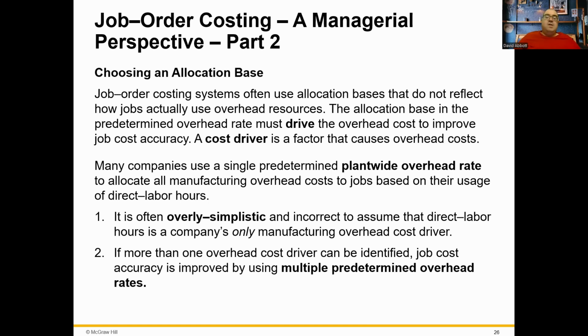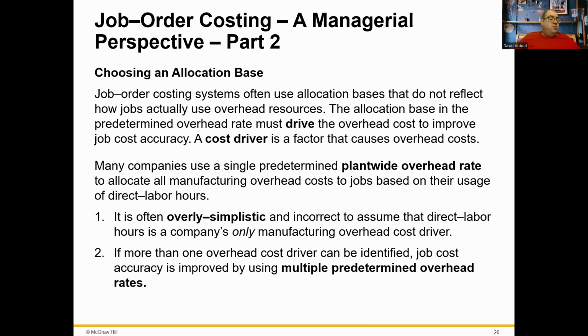If it is a labor intensive type of production, you can use either labor hours or labor dollars. If it is one where everything is mechanized and automated, you would not want to use direct labor hours. You might want to use machine hours. So the cost driver is the factor that causes the overhead costs.